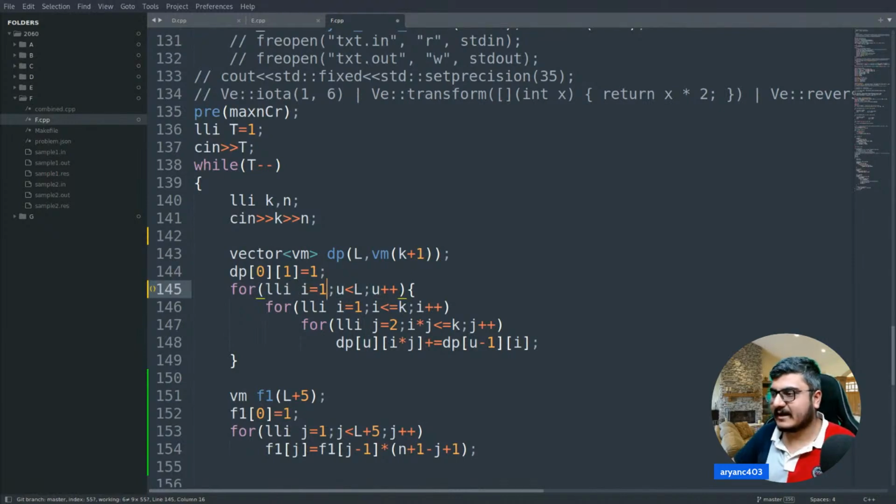For all i less than or equal to 1, i plus 1 less than or equal to 1.